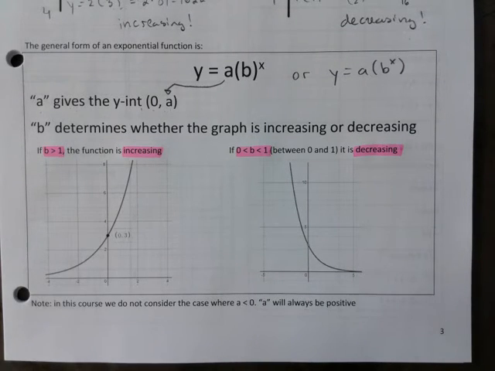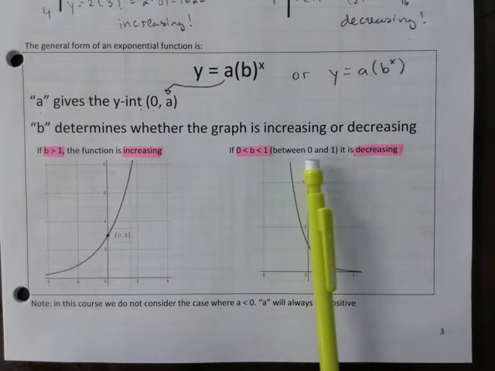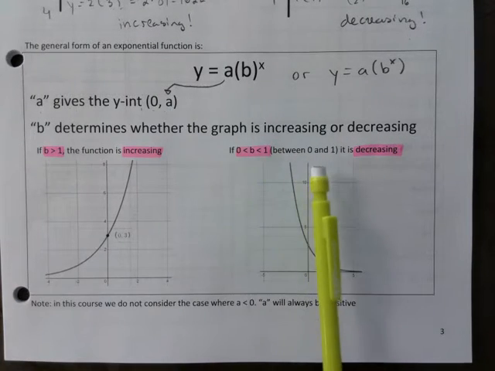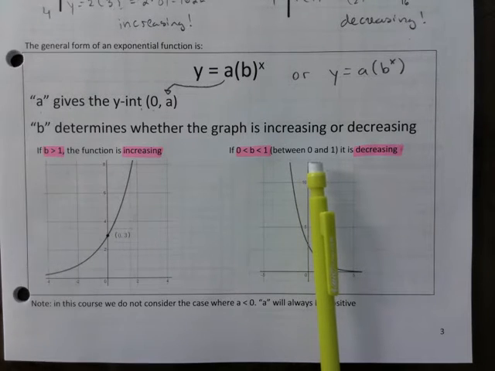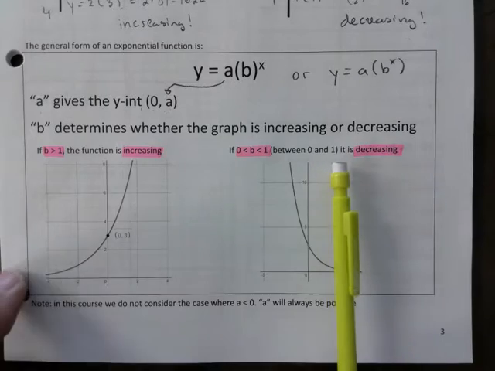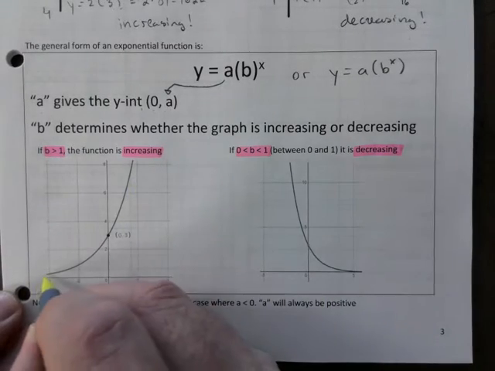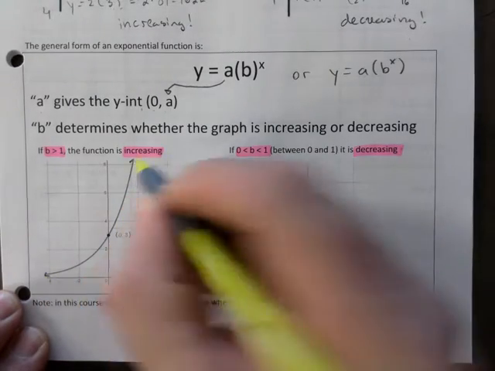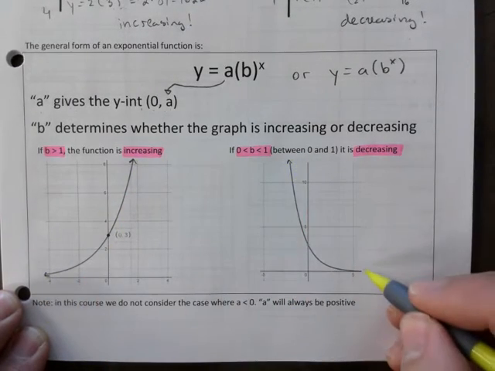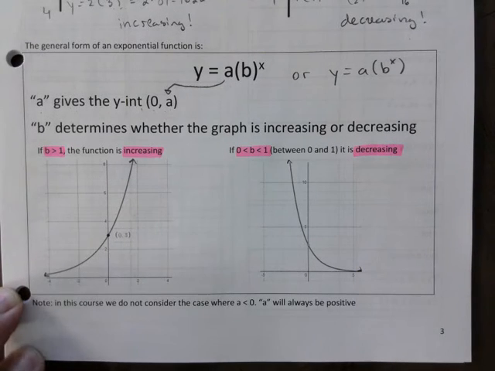We won't do negatives, okay? b will either be between 0 and 1, so it could be 0.0001 all the way to 0.99999, anywhere in between there, or it could be greater than 1, in which case you have an increasing function. I'm using Desmos and it doesn't put the arrows on there, and I like arrowheads there for that.